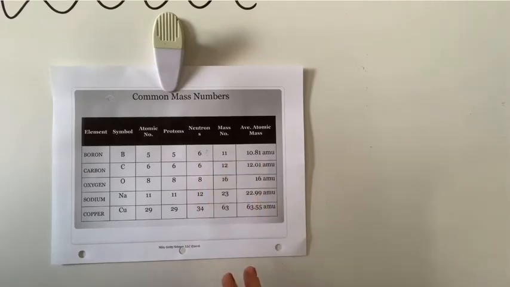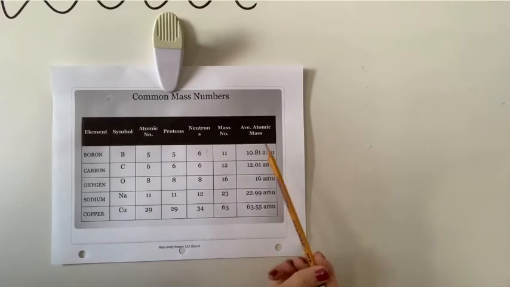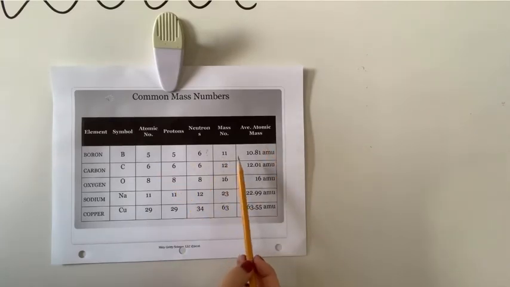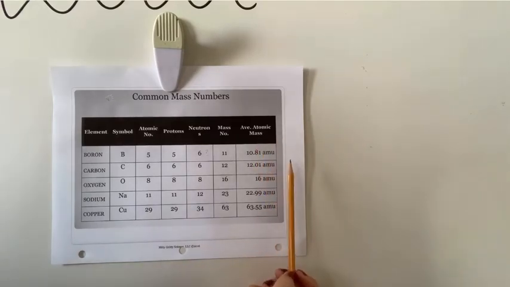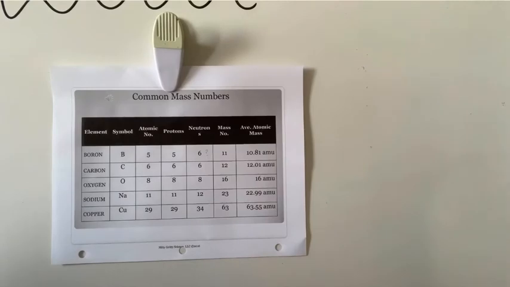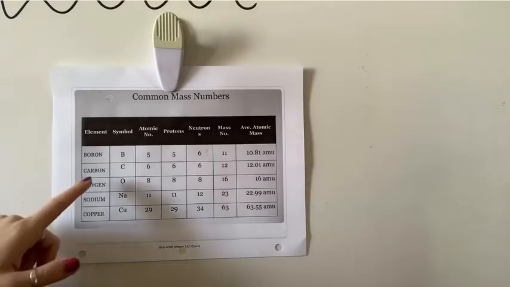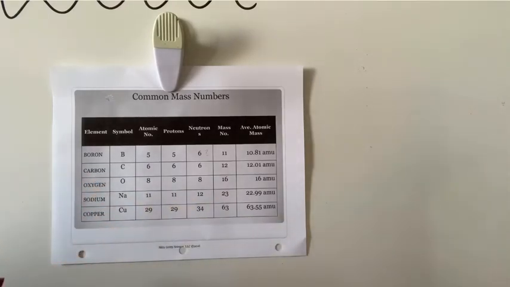And then the average atomic mass of boron, which is its mass altogether, is 10.81 AMU. This kind of goes on, and I'll explain all of these. If you want to stop the video now, you can, but if you want to learn some more information about what each of these is, you can go ahead and keep watching.